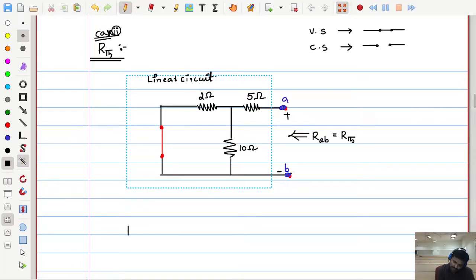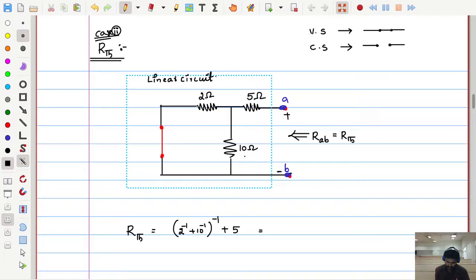Having understood finding the equivalent resistance, how much is the RTH? Can I say 2 inverse plus 10 inverse, whole inverse, plus 5? Is this clear for everyone? How much is this value? 2 and 10 are in parallel, and that entire combination is in series with 5.